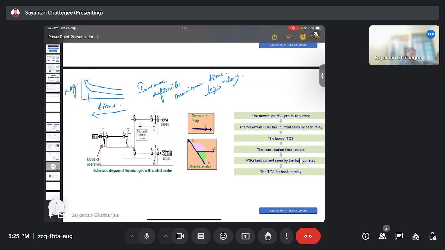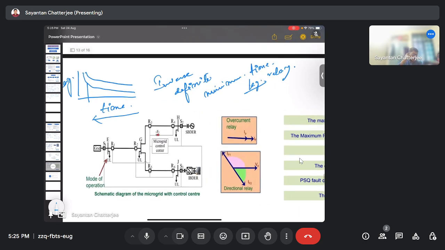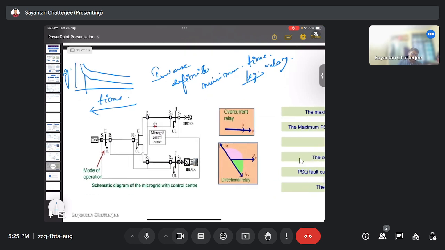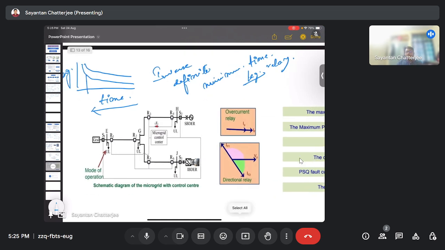So here we can see a schematic diagram of the microgrid with control center. This is a microgrid control center. It comes as an evolution of the normal distribution control centers that we have previously discussed, with the transmission control centers at the apex, the NLDCs.